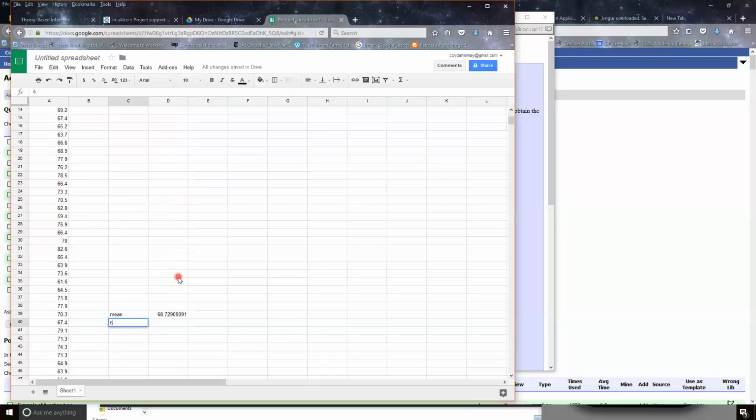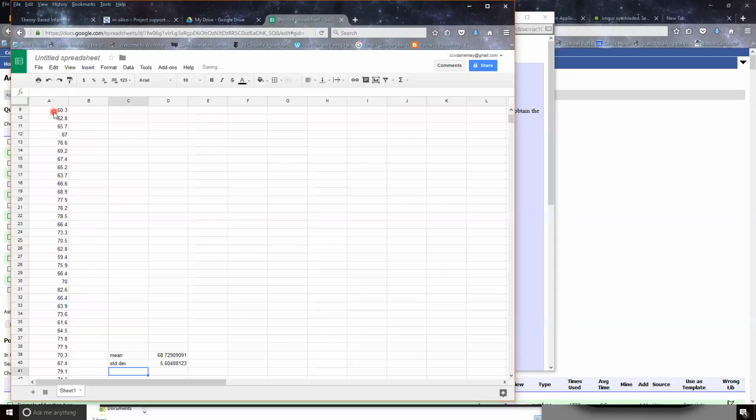And then for the standard deviation, we can just use the built-in formula. So equals STD. If I start typing standard deviation, they give all these other options. I always just use this one. So STDEV, and then I selected that data.